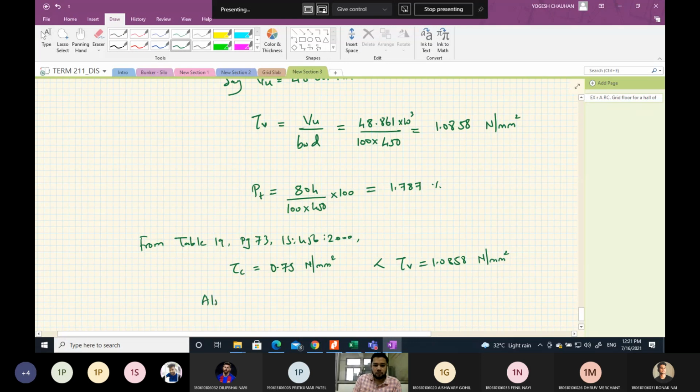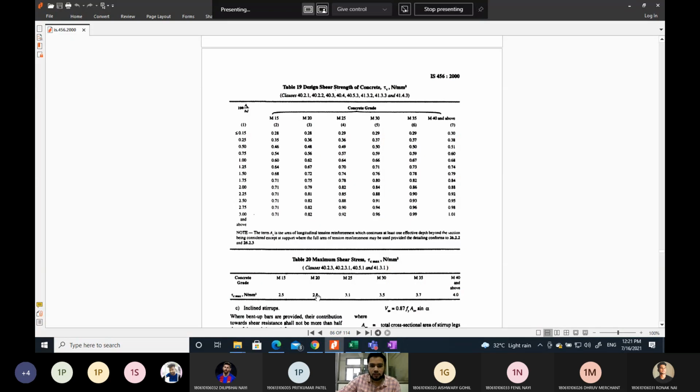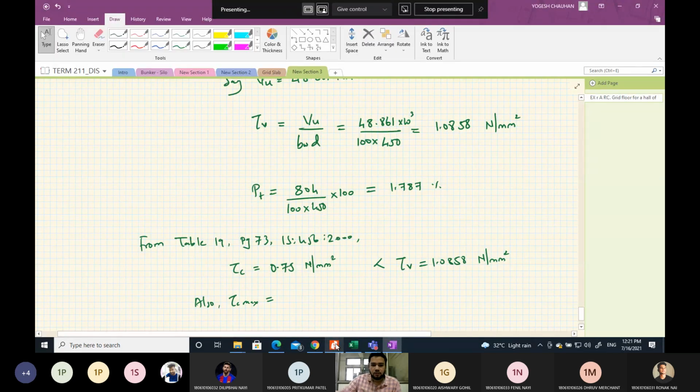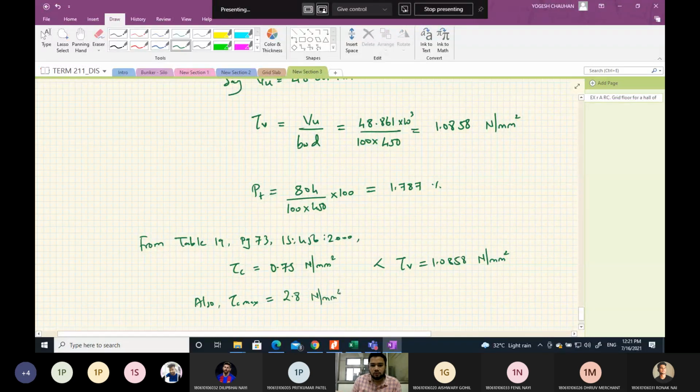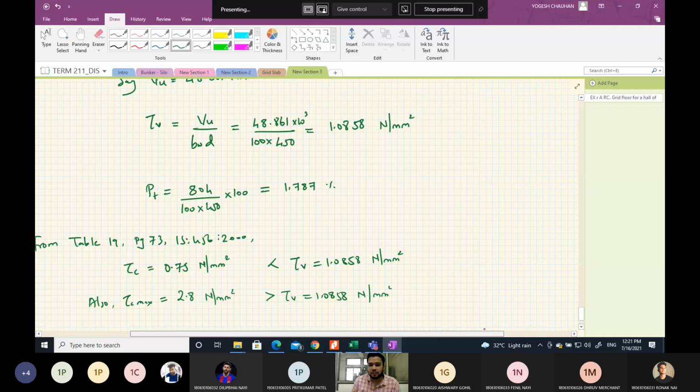Also you have to find tau c max, which is equal to, for M20 grade it is 2.8. Tau c max is 2.8 Newton per mm square. Now tau c max is greater than tau v, that means no need to revise the section.